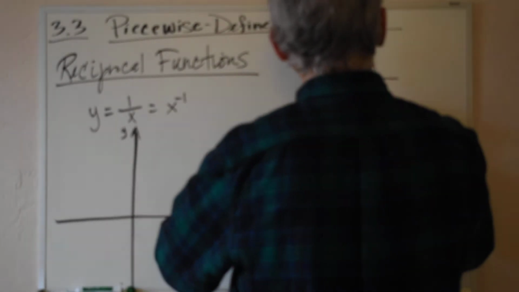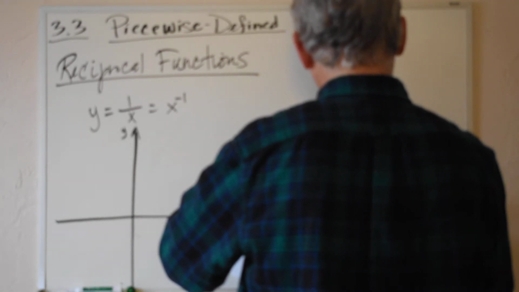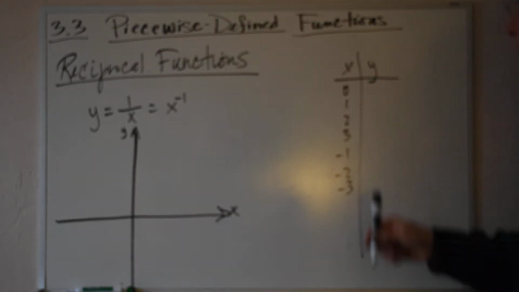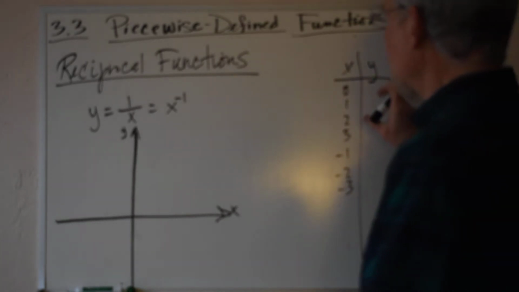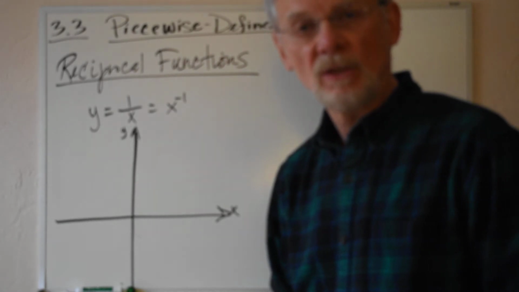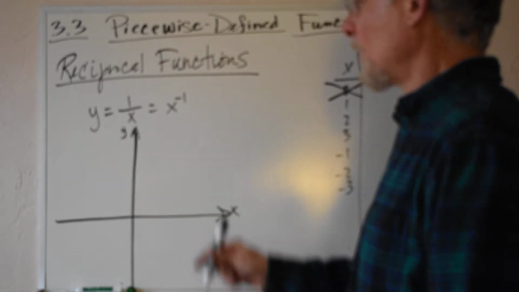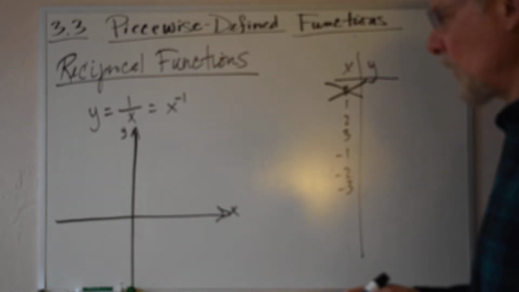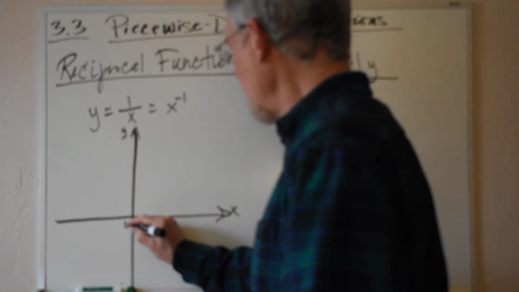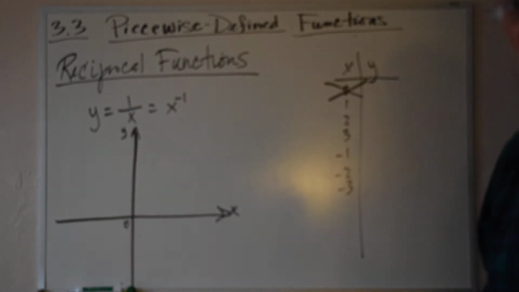So we could choose our usual suspects for x and calculate y. When x is 0, whoops, I have 1 divided by 0. Impossible. So I see 0 is not in the domain of this function. There's some kind of break. Here at x equals 0, the y-axis, this curve's never going to touch the y-axis.